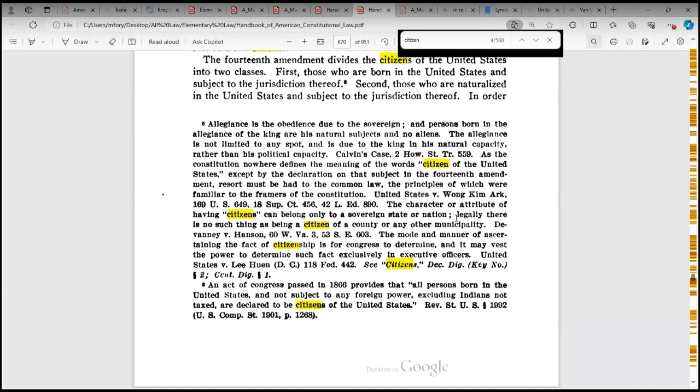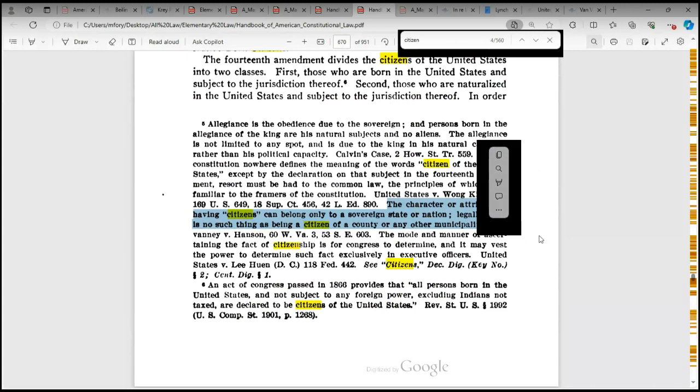I wonder what he's saying there. Because the character or attribute of having citizens can belong only to a sovereign state or nation. And in this case, this semicolon represents the word "and" without using it. So these two sentences go together.